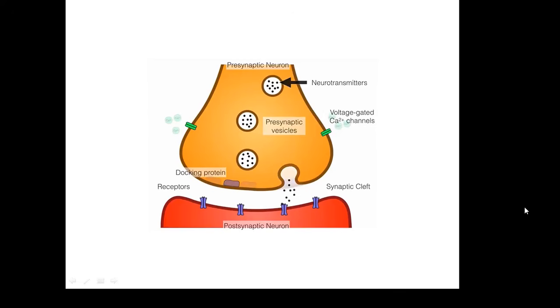The action potential comes down and it opens up voltage-gated calcium channels. So these calcium channels open up and calcium ions come into the presynaptic neuron. Calcium ions come in, and that enables the vesicles to attach themselves to the presynaptic cleft.